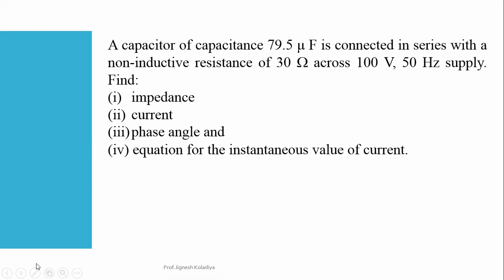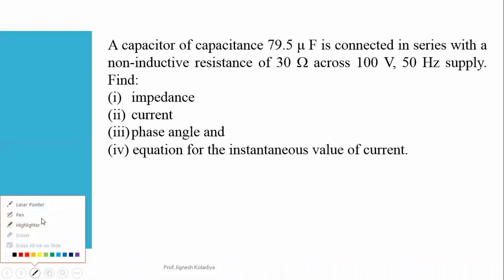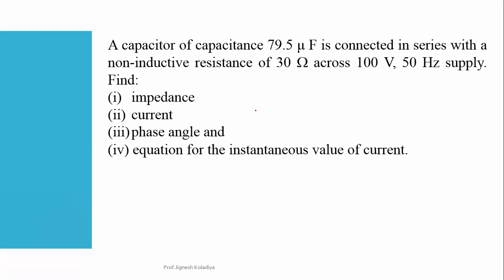So here you can just note down the data which is given, only the numeric values. Capacitance is given in microfarad, connected in series with a non-inductive resistance of 30 ohm. 100 volt supply is given, 50 hertz frequency is given. And by using this data, we have to find impedance, current, phase angle, and equation for the instantaneous value of the current.